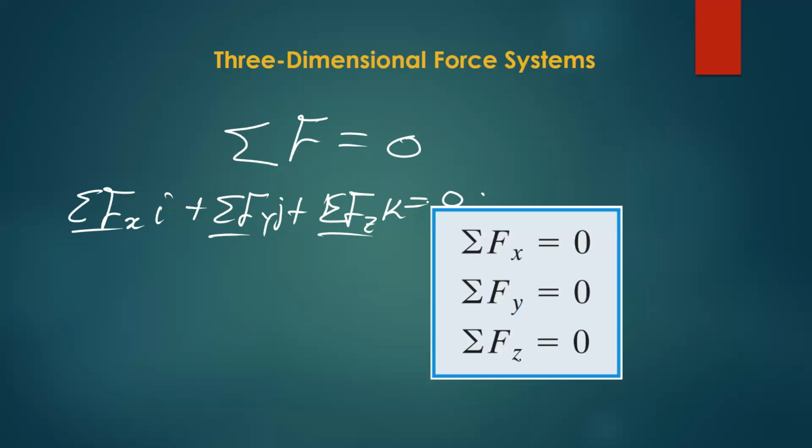It will just be in one position, meaning it's not moving, meaning that the summation of all the forces acting on that particle is simply going to be equal to 0.